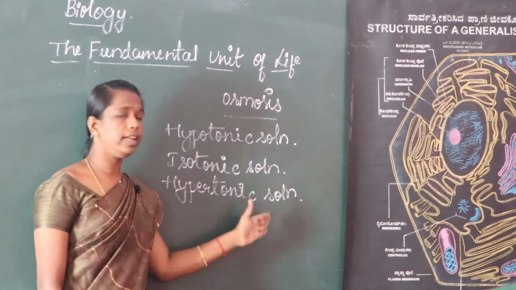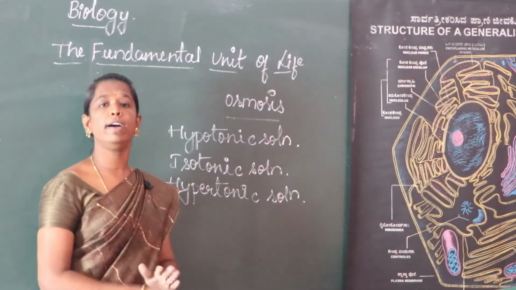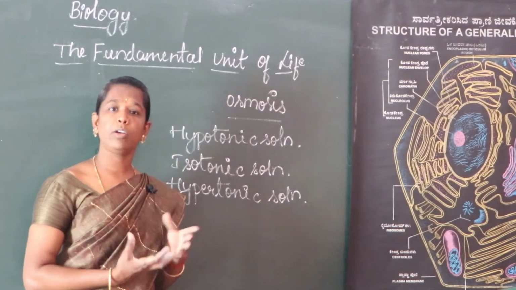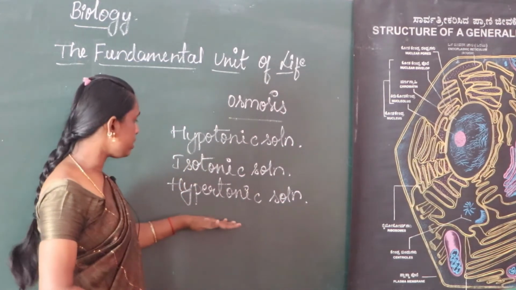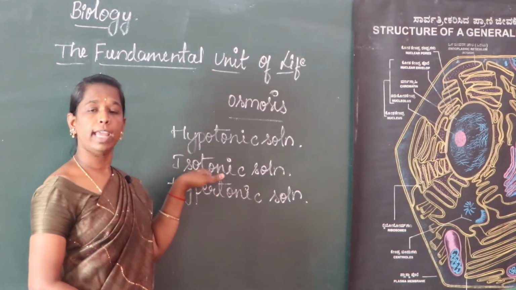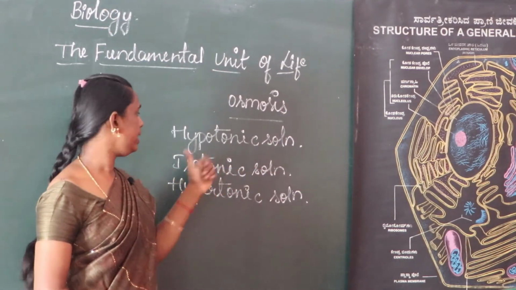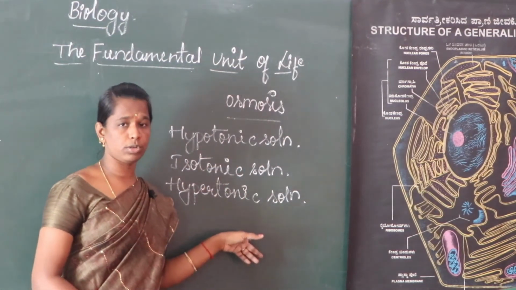So these are the three types of solution, whether a water solution or a salt solution. If the concentration is higher, it is hypotonic solution, the lower concentration is called hypertonic solution, and the solution exactly the same as the cell is called isotonic solution. These are the three types of solution.